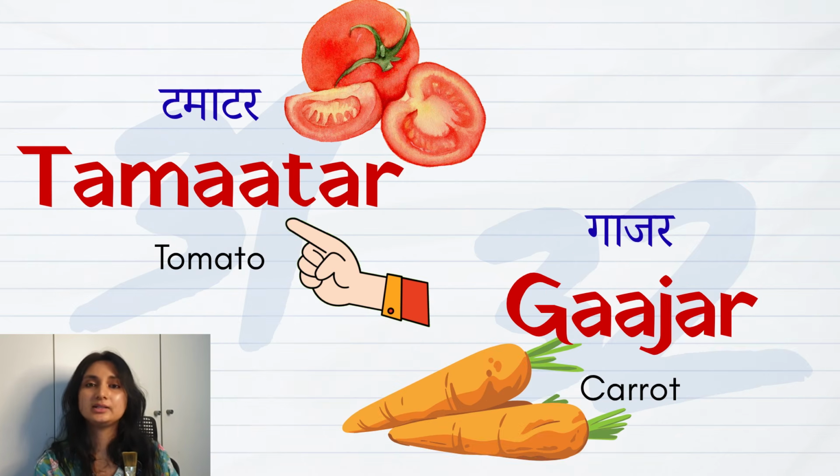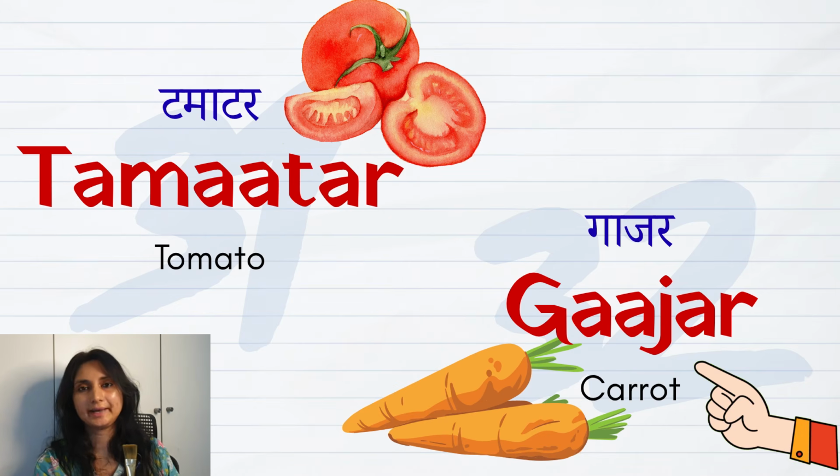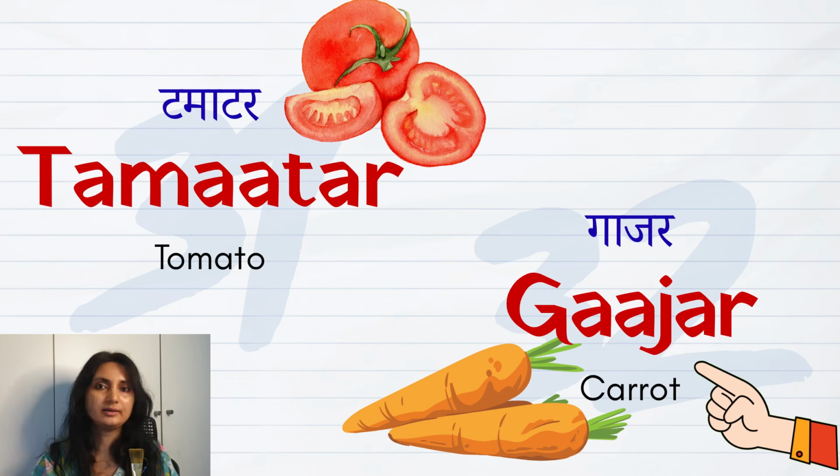Then we have tomato, both the T's are hard T's over here. And gajar, which is a carrot. And these two are also, singular, plural, both are fine. They're both the same. So, aloo, pyaz, tomato and gajar.